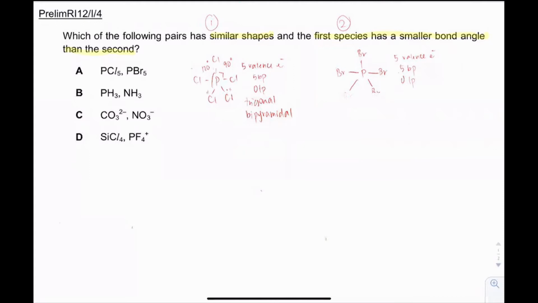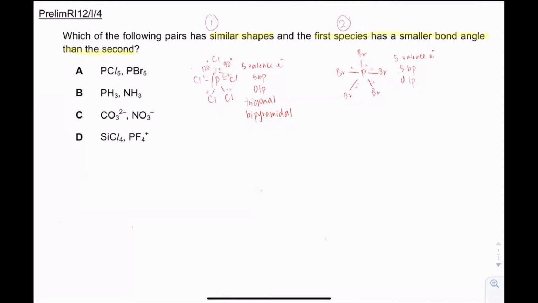Okay, so it looks something like that. Whereas for PBr, it looks something like that. Because Br is not as electronegative, therefore the electron pairs are in a more central region.